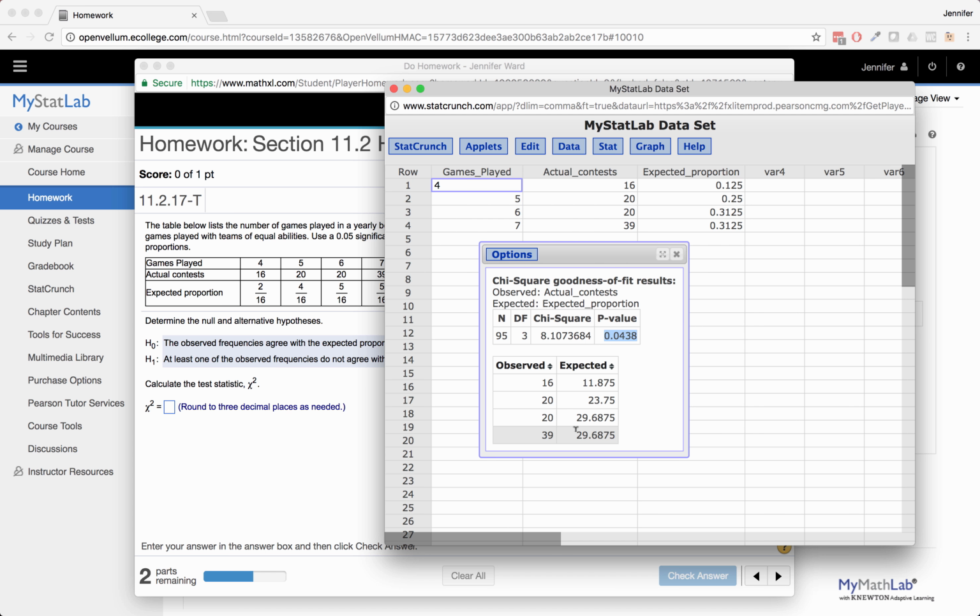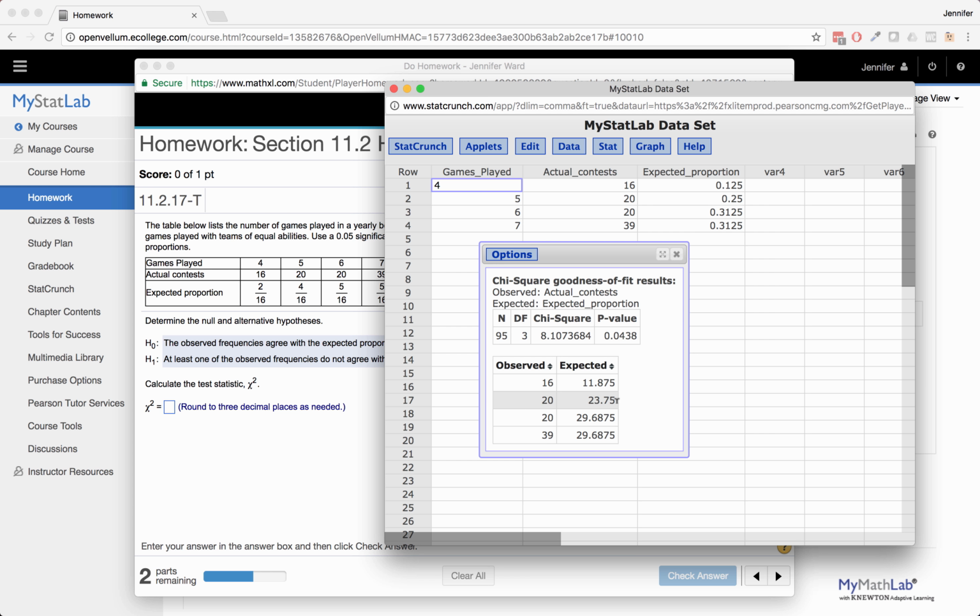Another part of this output is the observed count as well as the expected count. So like I showed you in another video, to get expected frequencies, you multiply your sample size, 95, by all of your proportions. So I took 95 and multiplied it by 2/16, and that's how I got 11.875. 95, again the sample size, multiplied by 4/16 is 23.75.